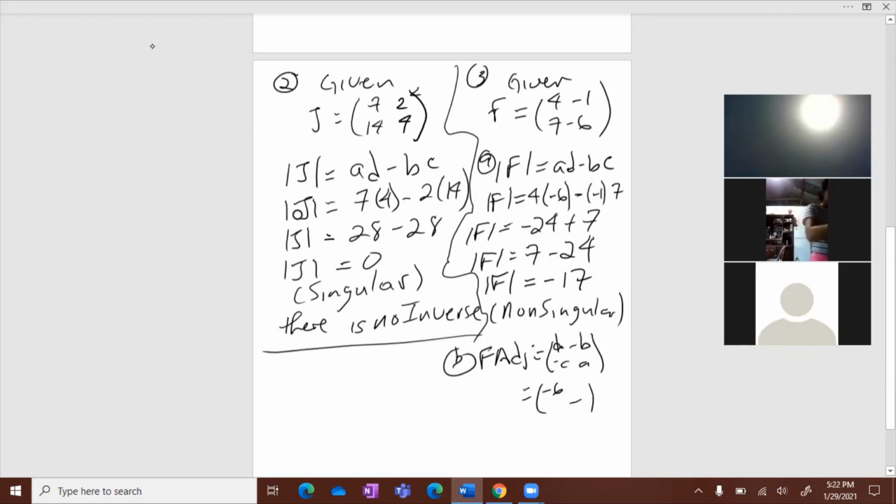So the negative 6 will go to the top and the 4 will go to the bottom. Now here, notice the B, the negative 1, is a negative. So when I write it, I must write it as a positive. And the 7 here is a positive. So when I write it, I'm gonna write it as a negative there. All right.